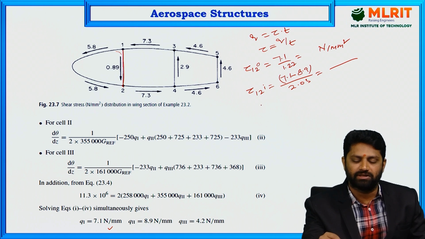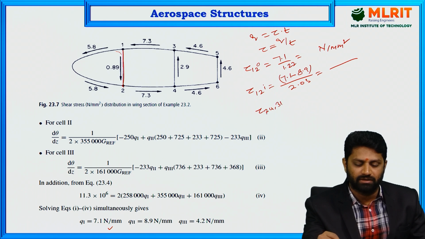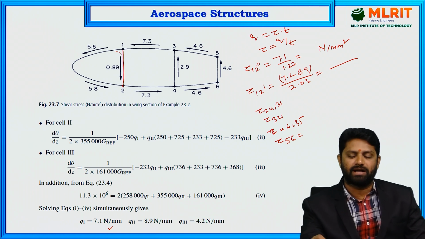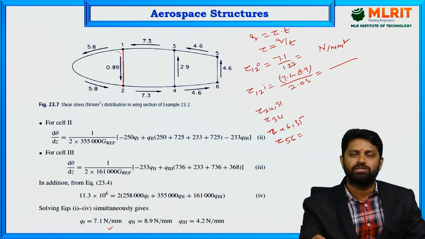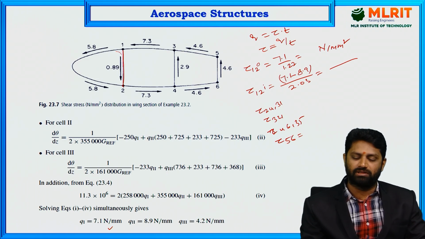Like that you can calculate the shear stress in all the other walls, that is 2, 4, 3, 1, wall 3, 4, walls 4, 6 and 3, 5, and wall 5, 6, by writing their respective wall shear flows divided by their actual wall thickness. So this is how we calculate the shear stress distribution for all the walls.